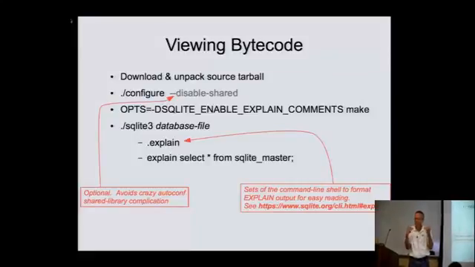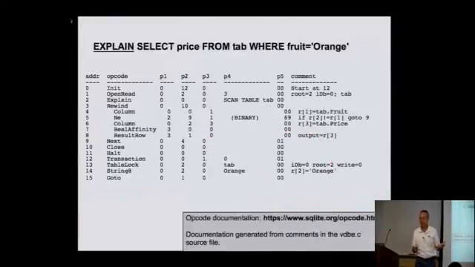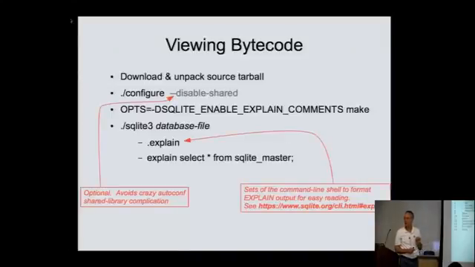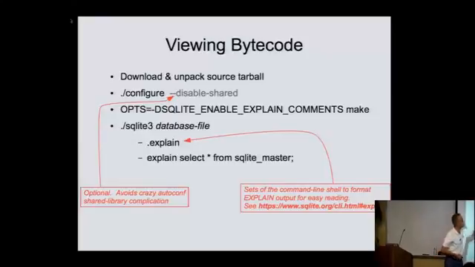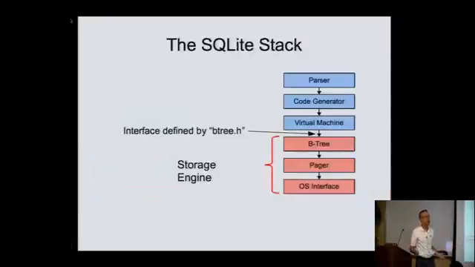The shell doesn't send that to SQLite. It does some special processing. And the dot explain sets up the output formatting so that you have nice, neat columns, and it automatically indents loops so that you can spot the loops more easily. That's a nice thing, so you want to be sure and type that. And then you just type in explain and then the rest of your query, and you'll get to see the bytecode.